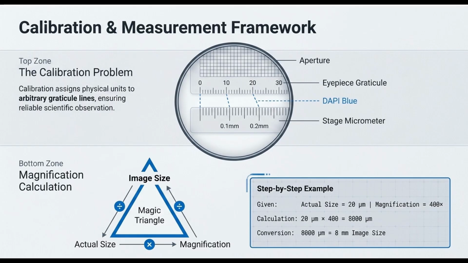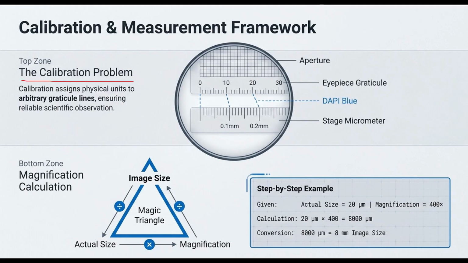Now let's see the calibration and the measurement framework. So microscopy is not only about viewing structures but also about measuring them accurately, right? An eyepiece graticule is a small ruler placed inside the microscope eyepiece. However, its scale has no fixed unit and must be calibrated. Okay. So, the calibration problem.